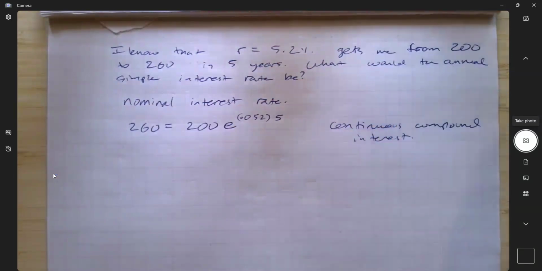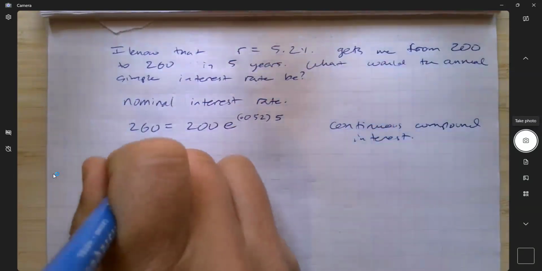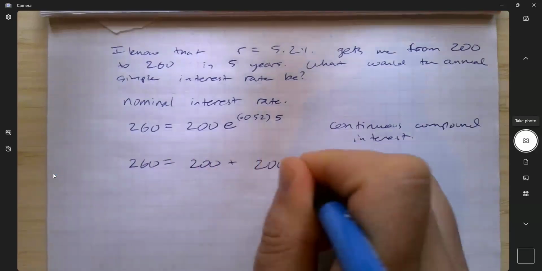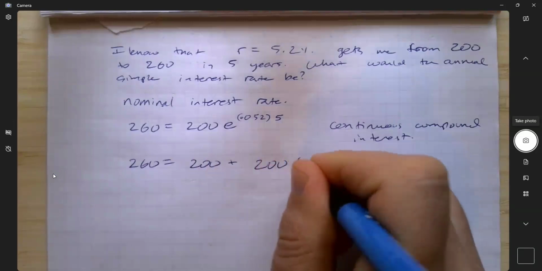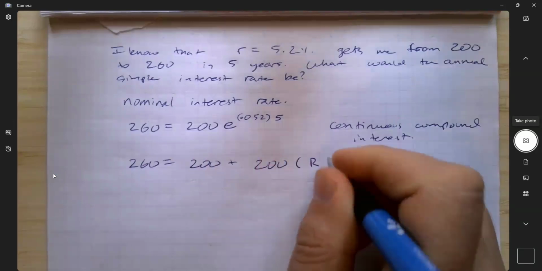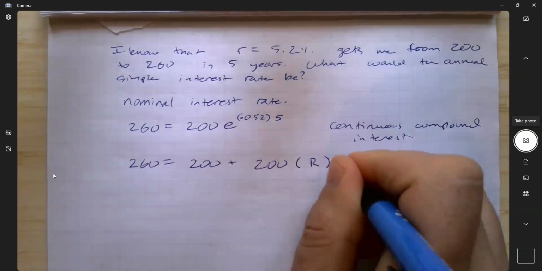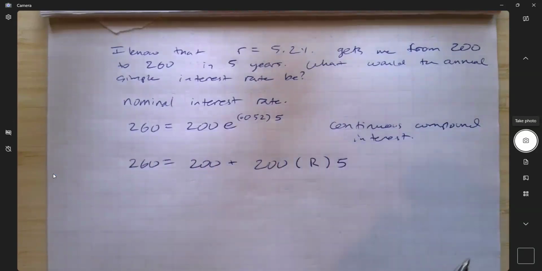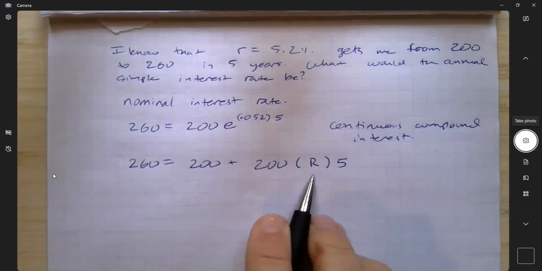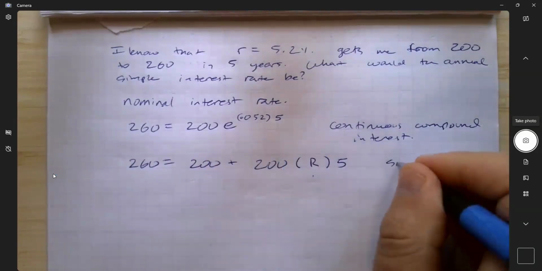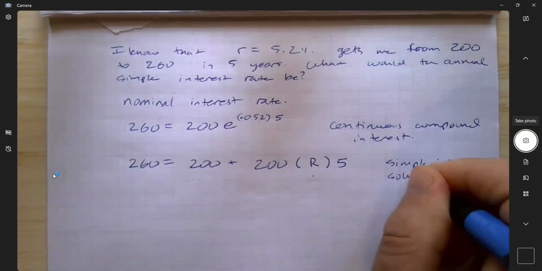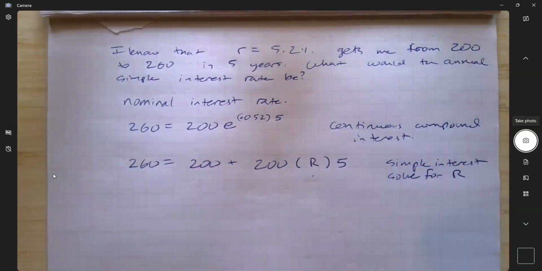If I wanted it to be nominal, I would say 260 equals 200 plus 200 times, let's use a capital R this time to represent that it's a different interest rate, but it's still an interest rate. So I simply rewrite as simple interest and then solve for R.